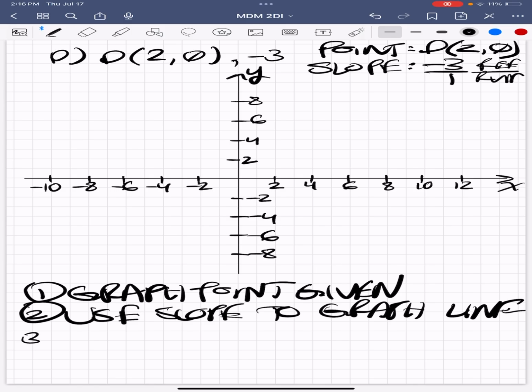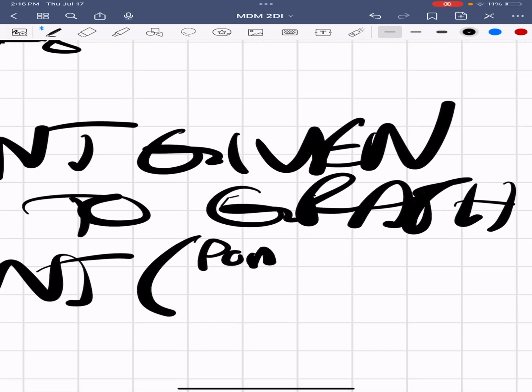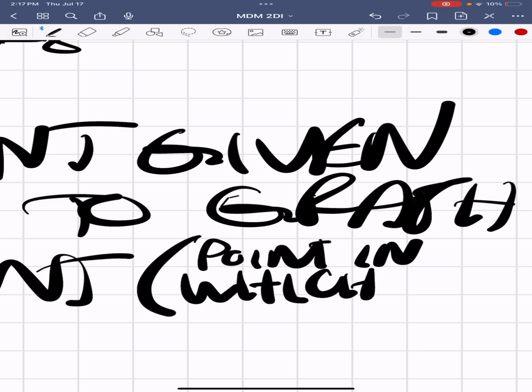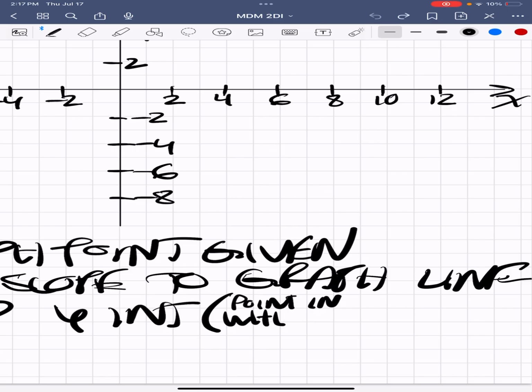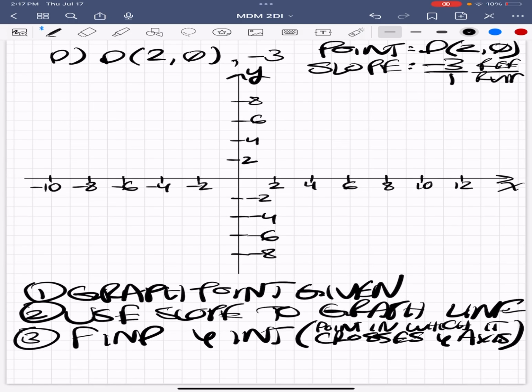And then we find the y-intercept, the point in which it crosses the y-axis, by graphing.